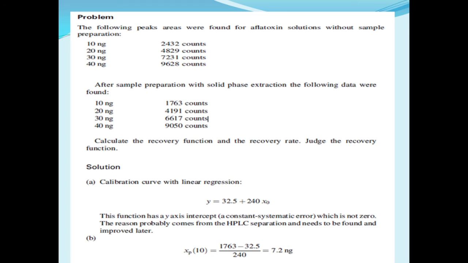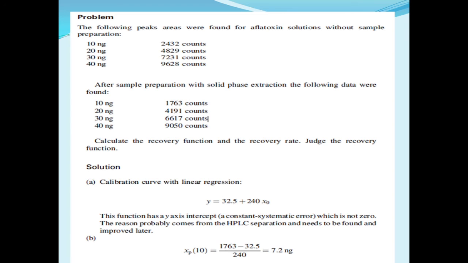For the first 10 nanogram sample, Xp is equal to the peak area after sample preparation minus 32.5, upon 240, which is equal to 7.2 nanogram.